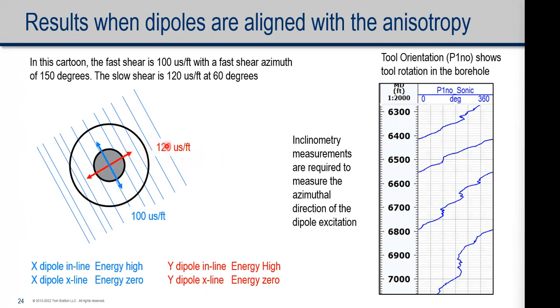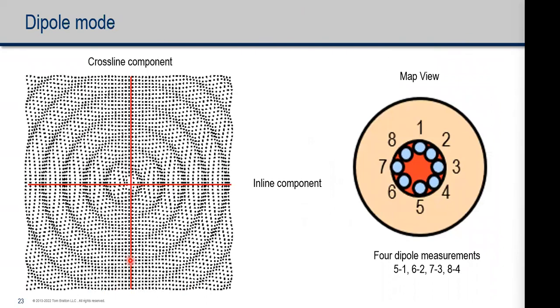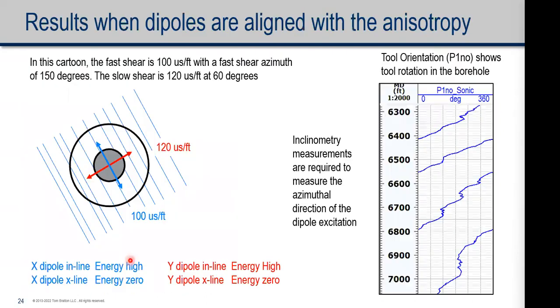Let's say I slow down because of the fractures by 20%, to 120 microseconds per foot in this direction, and aligned with the fractures, let's say it's 100. So what you expect is on your X dipole inline that you have a high energy, much like we saw in this animation. The cross line would be 0, and the Y dipole inline, again, would be high, and the Y dipole cross line would be 0.